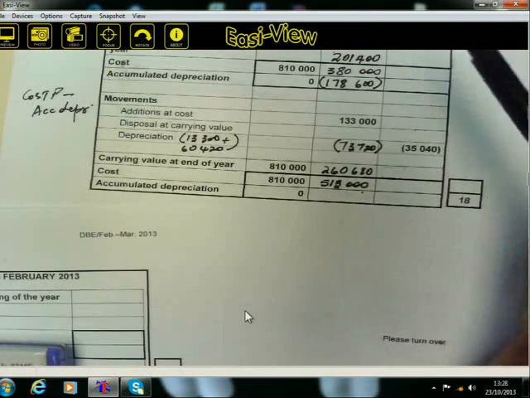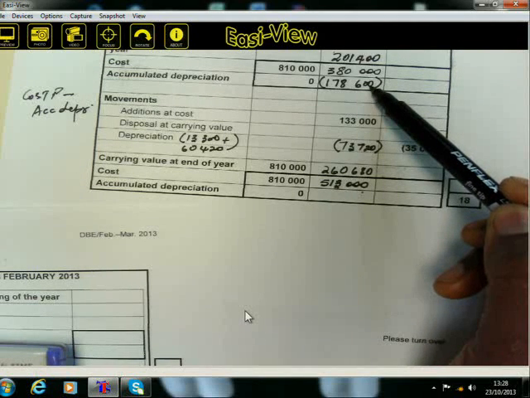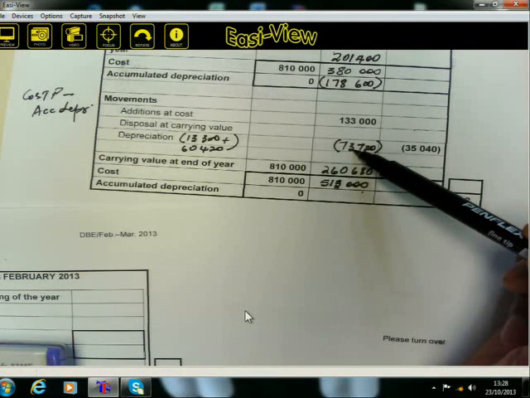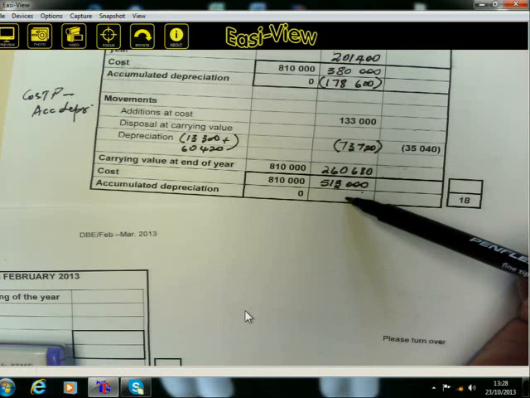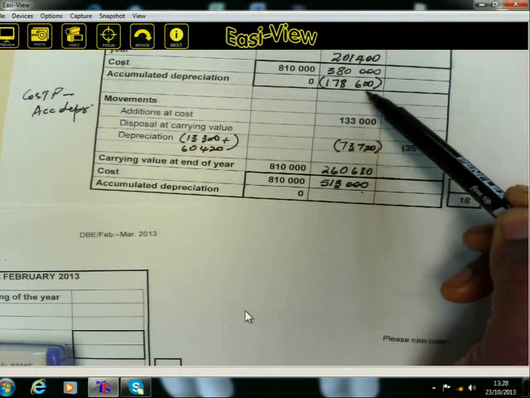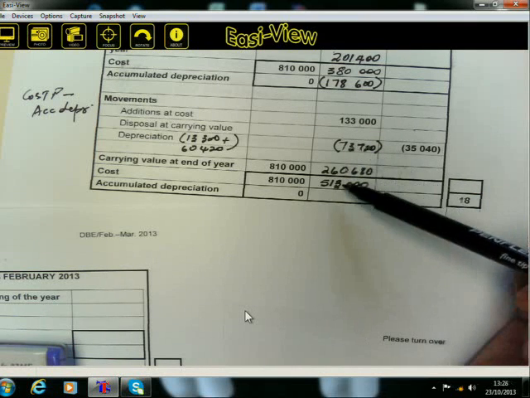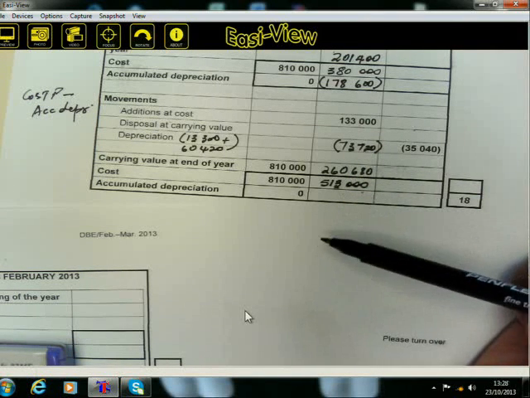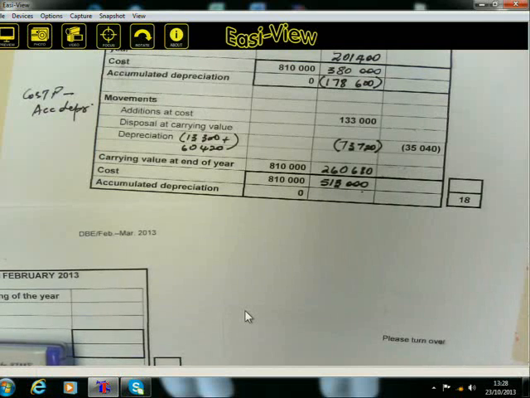Then the accumulated depreciation at the beginning plus depreciation during the year will make the total for the accumulated depreciation at the end of the year.